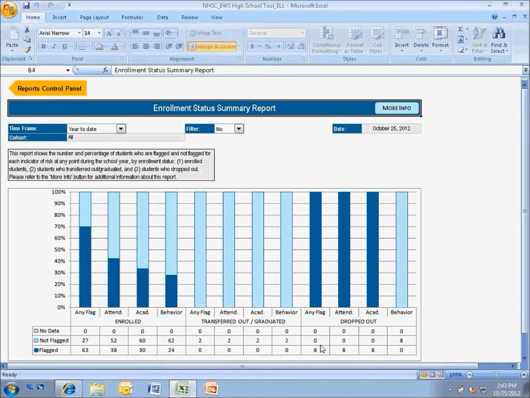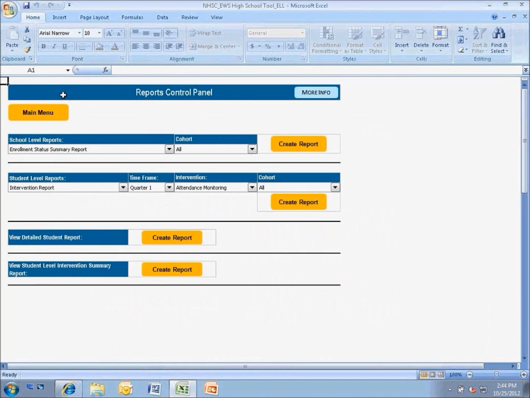So it may be worth going back after these students have dropped out and seeing, since they obviously were identified by the tool, how they were supported, if they were supported, if they managed to fall through the cracks, or if perhaps the supports that were used were not effective in bringing them back. So that really concludes the short demonstration of the tool.